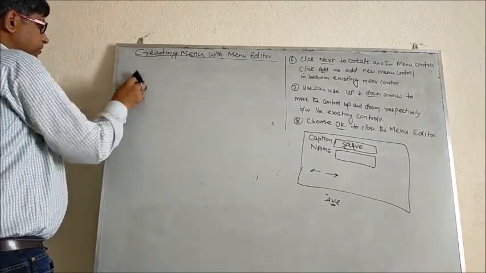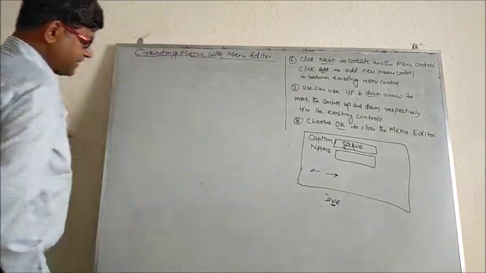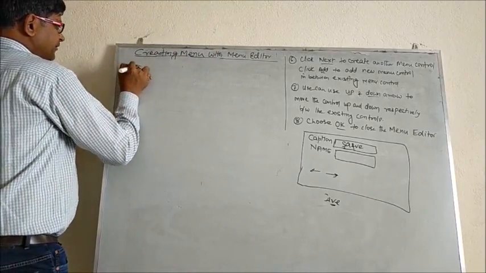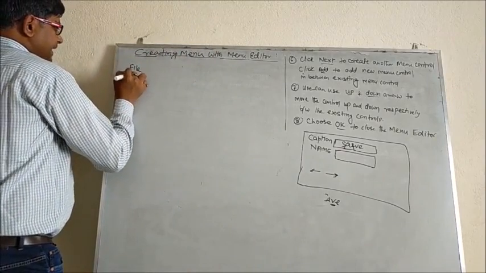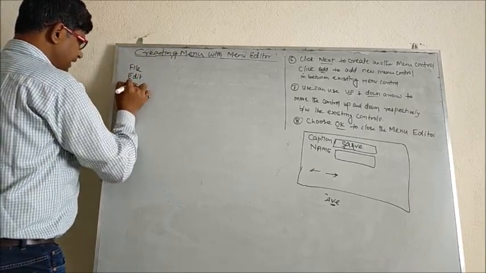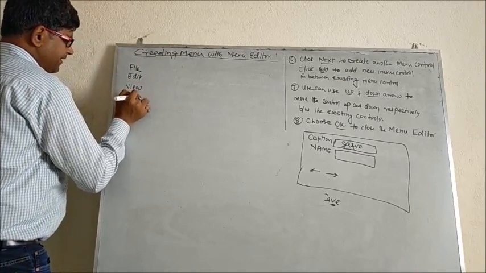See, suppose, now it will be clear to you. Suppose I have taken three things, right? Suppose I have taken file, edit, view, right? Three things I have taken, and suppose I have used help, right?